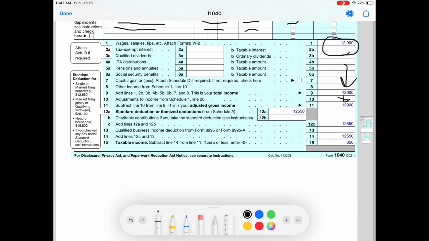So then when you start getting to line 15, you have to do the math and subtract the deduction from your actual wages that you've made throughout the year, and that comes up with $350. Now, keep in mind, you need to use the tax table in order to determine where you stand when you get to the next page, because I don't think it's line 1 through 15 that give most people a problem.